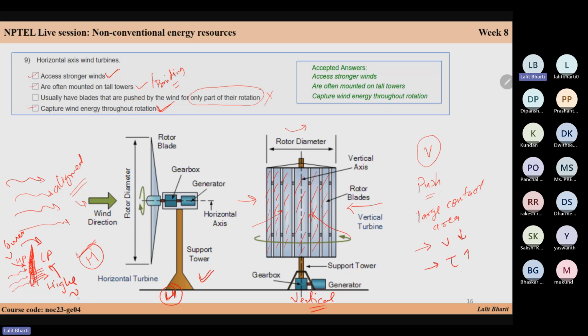Where you have higher velocities of wind, we know from Bernoulli's relation that where your fluid speed or wind speed is high, you will get a low pressure zone, and the high pressure zone will be where it is relatively lower. So due to this pressure difference, you will see a force and your blade will rotate.